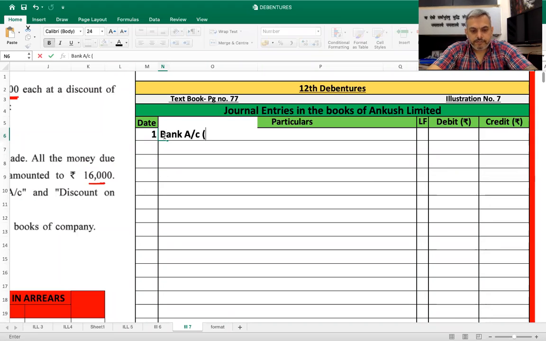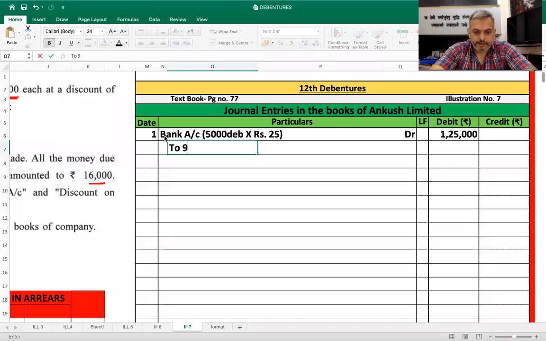Bank account debit, 5,000 debentures into rupees 25, 1,25,000, to 9% debenture application account.